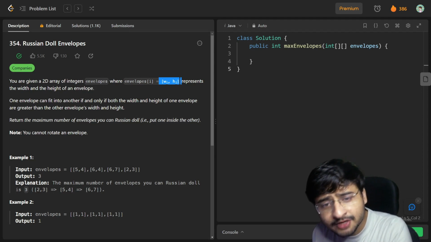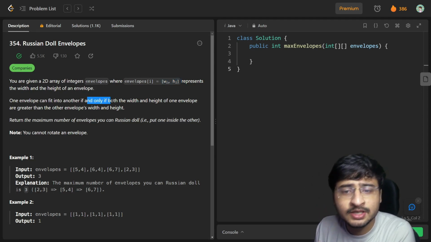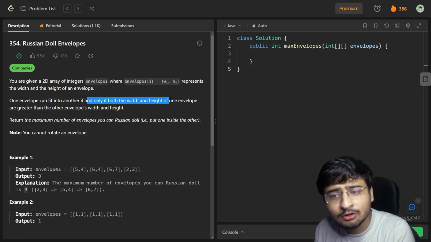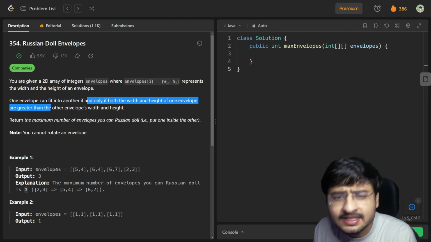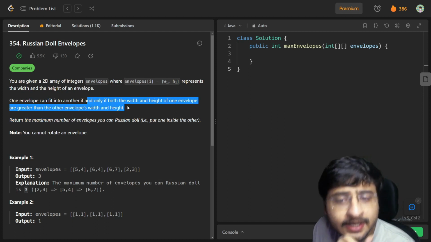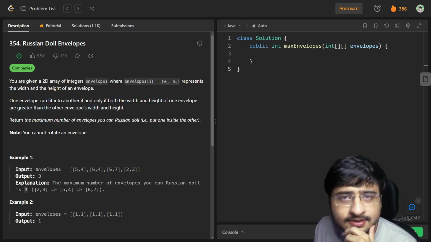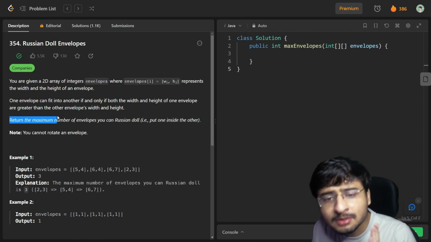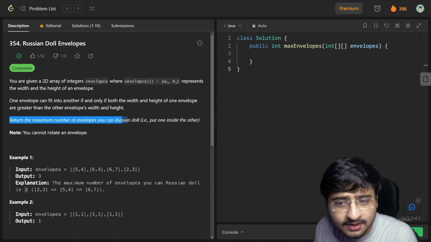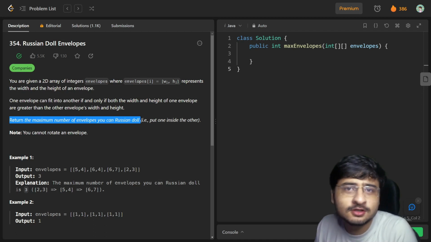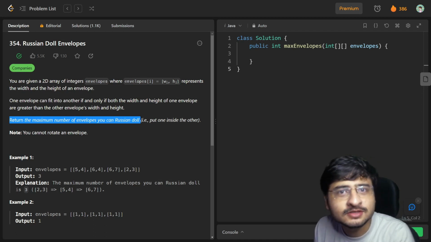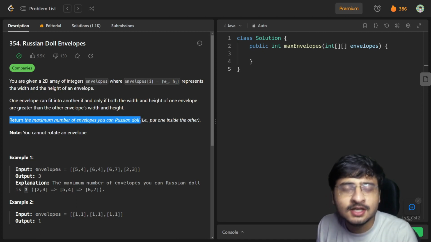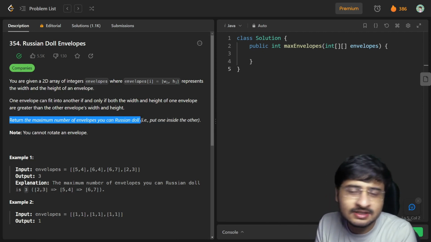One envelope can fit into another if and only if both the width and height of one envelope are greater than the other envelope's width and height. We'll of course analyze this on board. Return the maximum number of envelopes you can Russian doll. When I started the video, you can see a lot of Russian dolls were there, and you can put those dolls inside each other.